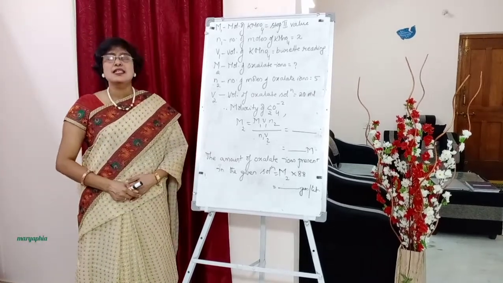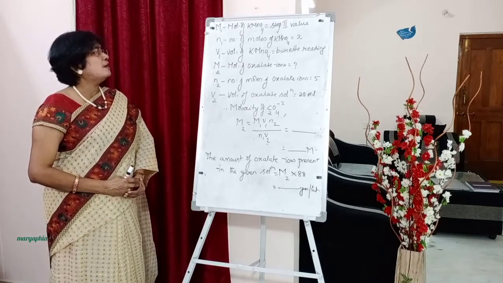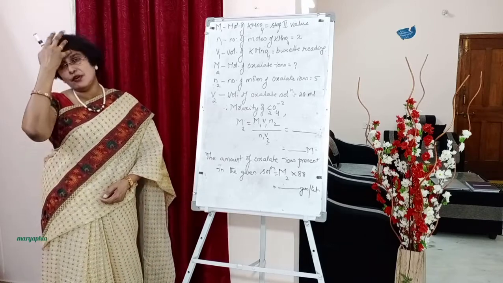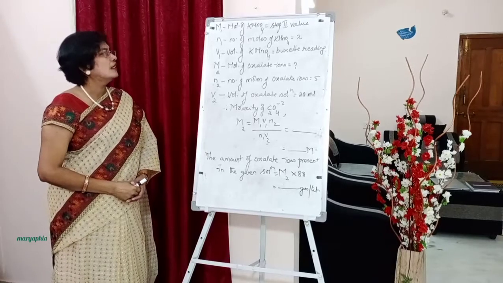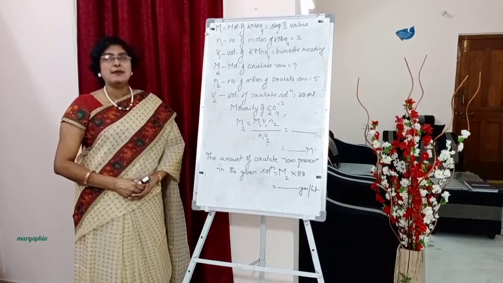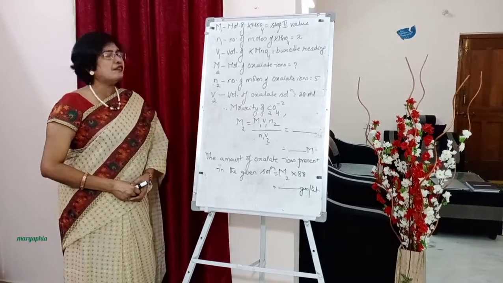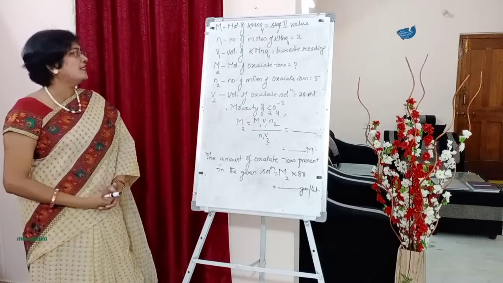Here we use the step 2 value, students. Next, below N1, number of moles of KMnO4 from the reaction, it is 2. Next, V1, volume of KMnO4, that will be our burette reading at the end point.